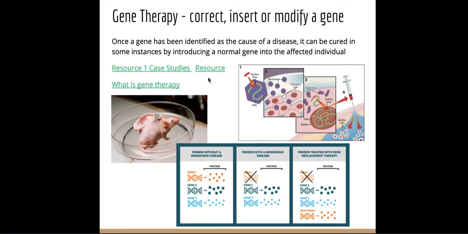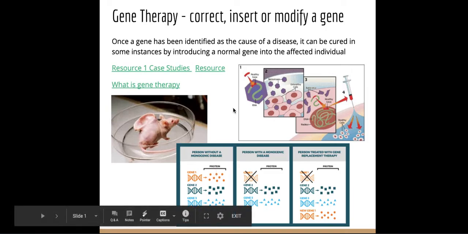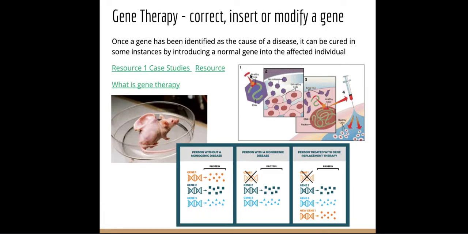We've given you some case studies here, but what they do is they cut the RNA with a virus, a retrovirus, which means it works backwards. So they cut the RNA and then it goes back and modifies how the DNA is within the nucleus.